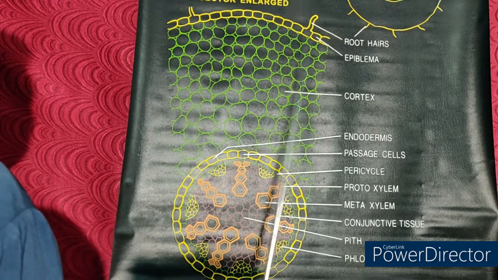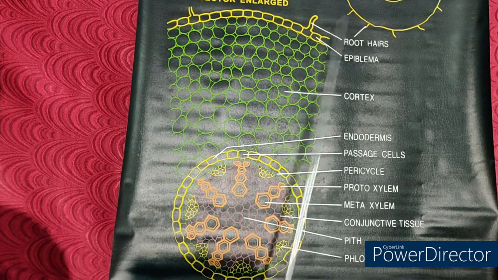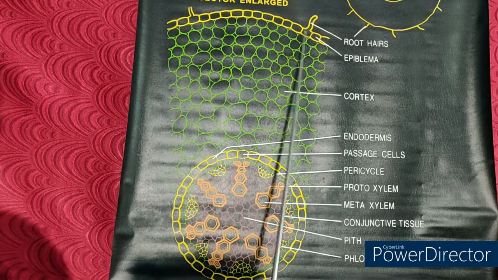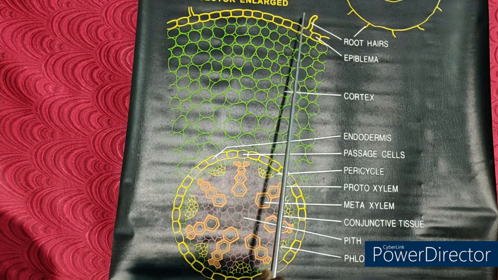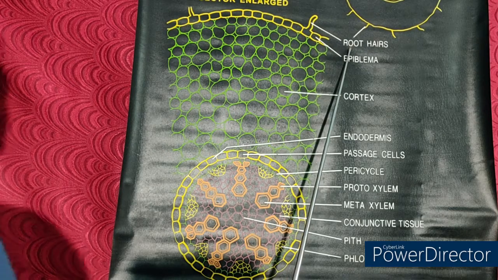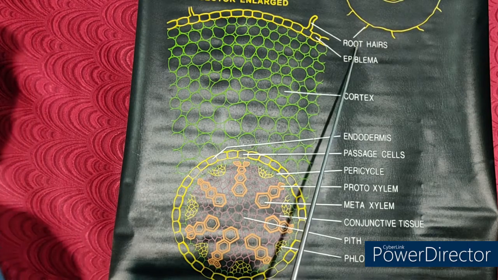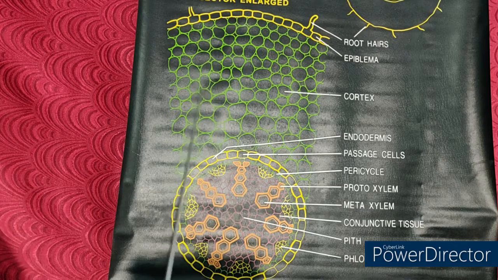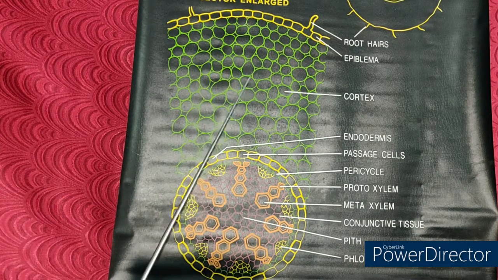The main function of epidermis is this covers and protects the whole system. Okay, epidermis which covers all the tissues inside, and it protects. Second one is root hairs which are involved in the absorption of water and minerals. Okay, the second layer is cortex cells. So these cortex cells, as we discussed in dicot root, also are parenchymatous in nature.